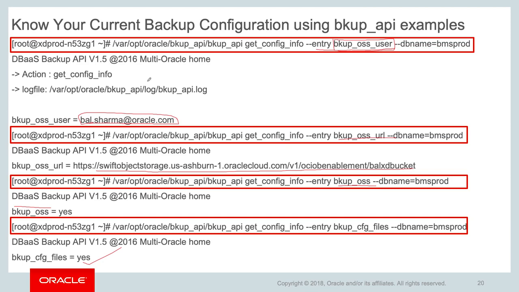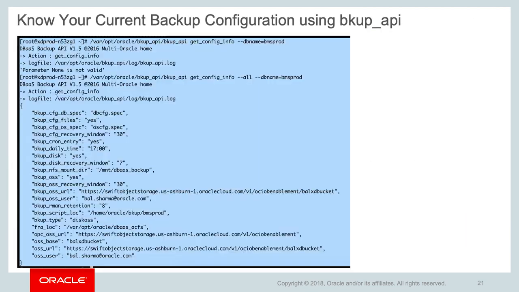You would be interested in knowing all the values, and we have multiple ways to find that out. So for example, knowing your current backup configuration using backup API, here you don't have to pass an entry. Just leave that field blank. With backup API, I'm just passing get config info as an argument and the database name. It will list you all the values within the database system, what is configured and effective.